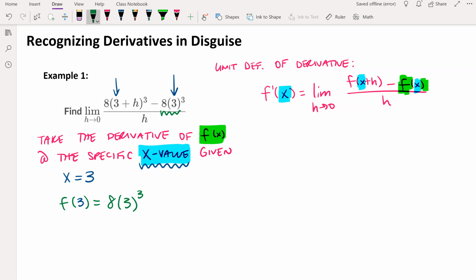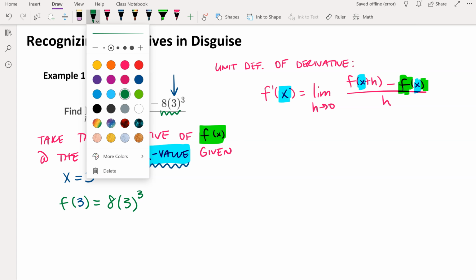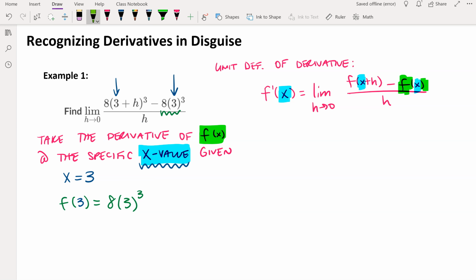Now, this one is actually extra tricky because that doesn't help us that much. So let me really quick write down also what f of x plus h is. So look, f of x plus h sits right here. So that would be right here, right? F of x is 3, right? So it would be 3 plus h equals, and then we have 8, 3 plus h cubed.